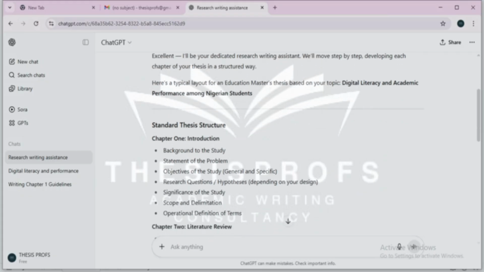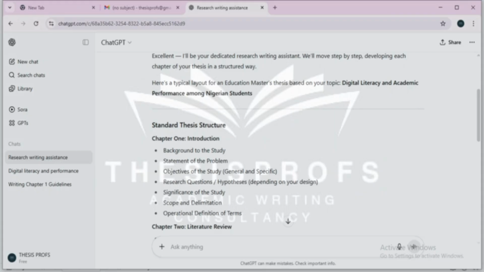Of course, look at this standard thesis structure, chapter 1. It gives us everything. Now, of course, ChatGPT will give you the layouts, it will give you the format and all that. But if your institution has the format or the guideline, you can as well use that. You can prime it, telling it that, okay, look, I'm going to upload a document that reviews the format that you are going to follow.